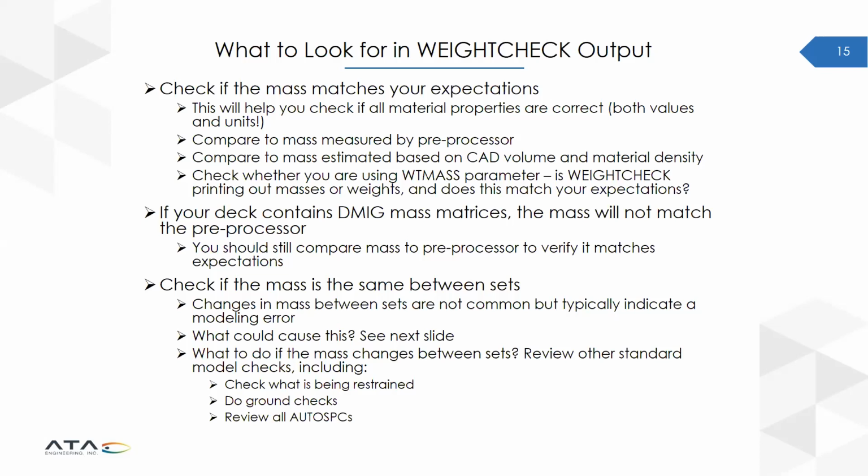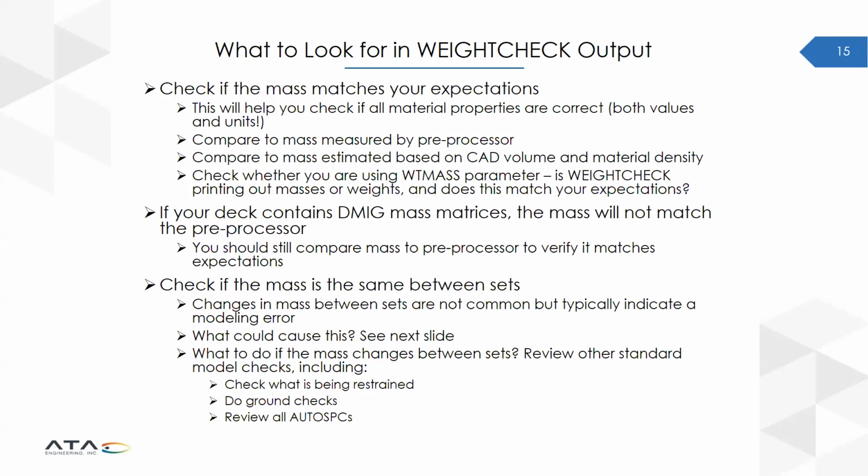This is the last input in the weight check card in Nastran, mass or weight. And if you're using DMIG mass matrices, the mass from the weight check will not match the mass in your preprocessor, so just be aware of that. Still compare the mass to the preprocessor to verify it matches what you think it should, but it's a heads up that DMIGs will do that.